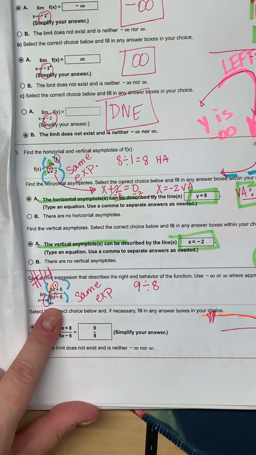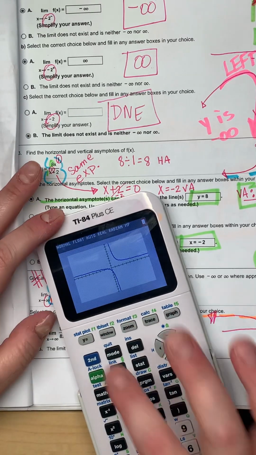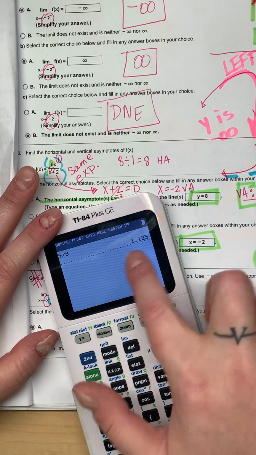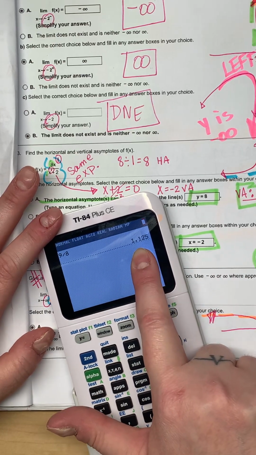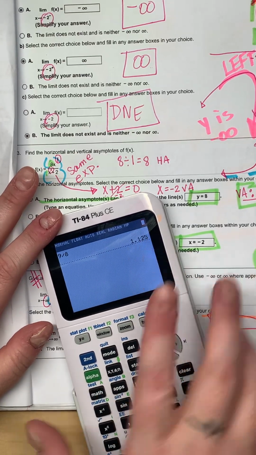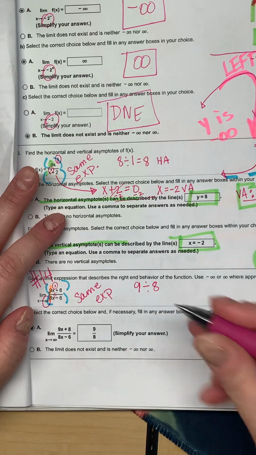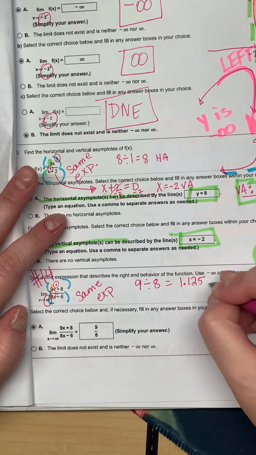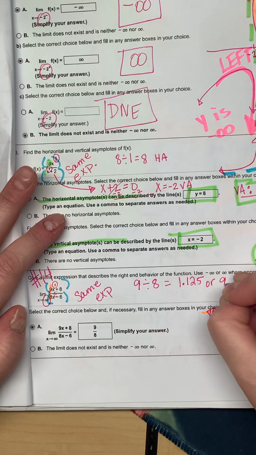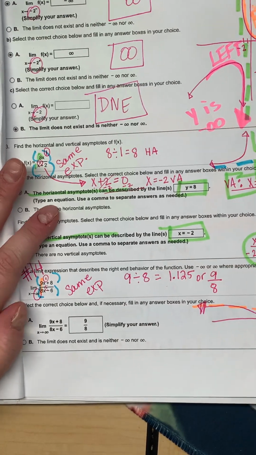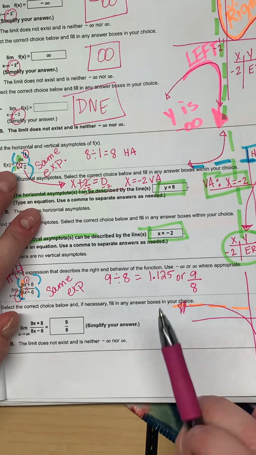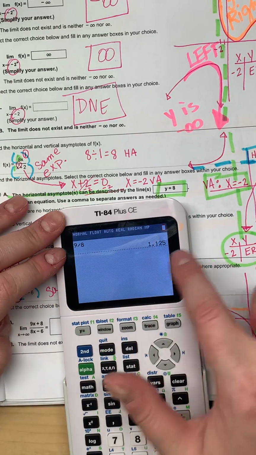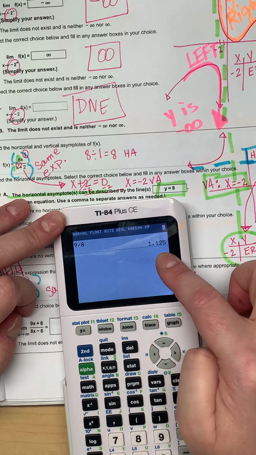These are called coefficients. Okay, and then let me put 9 divided by 8 in the calculator. Oh, okay. It's a decimal that stops. So on this one, you can type 1.125, or you can put the original 9 over 8. And the reason I can put a decimal is because 9 divided by 8 is this exact decimal.